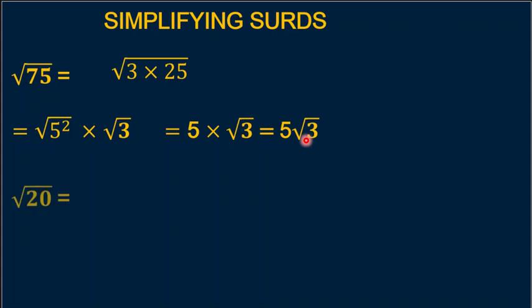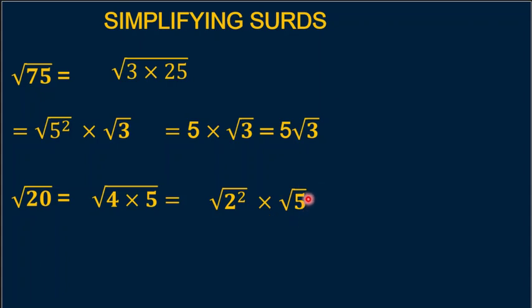Okay, so we can take 20 for instance as well. 20 can be expressed as 4 times 5, all under a square root. Now we can separate the square root of 4 and the square root of 5. We recall we can rewrite 4 as 2 to the power 2, and then we keep the square root of 5.